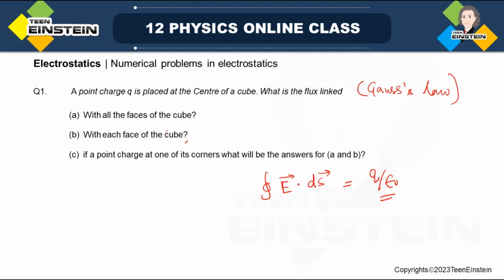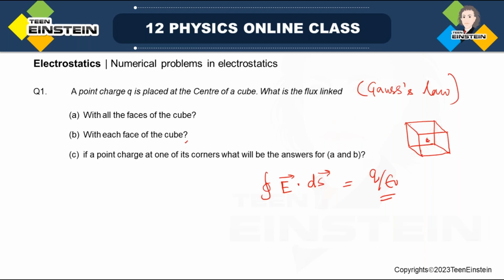So in this case, you can consider the medium inside the cube. Cube means this one. Somewhat like this. So this is a cube.